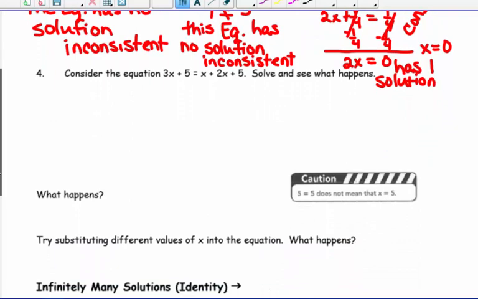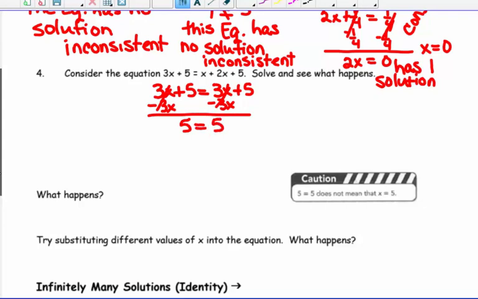Well, I'm going to get 3x plus 5 equals 3x plus 5. Same thing on both sides. When I subtract my 3x's, again, they're going to cancel. Then I get 5 equals 5. Oh, that is true. That's a true statement. We haven't seen this yet. So what happens?